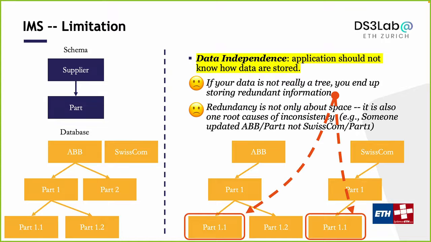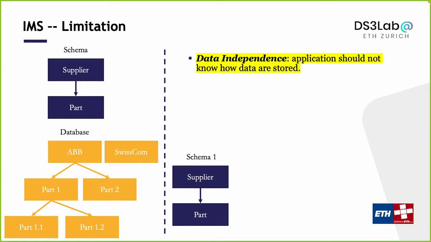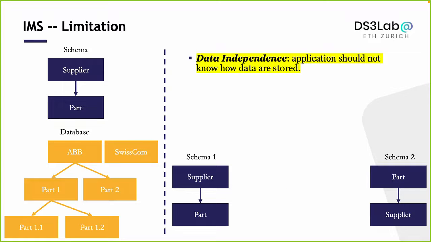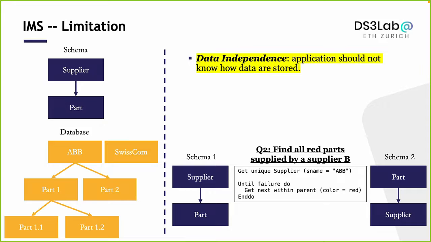So this is another thing that's a little bit hard to do with a hierarchical model. Depending on how your data are organized, the same query either runs here and doesn't run here. This is what we mean when we say this model, at least back in the 60s, doesn't really give you good support of data independence.